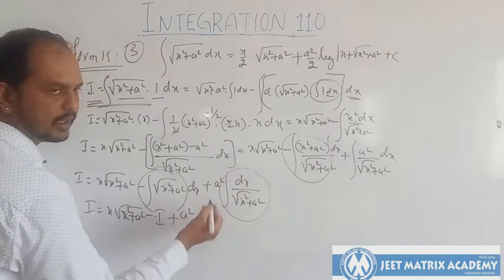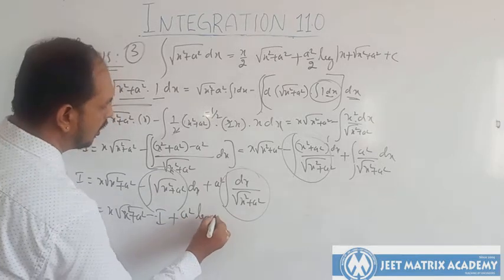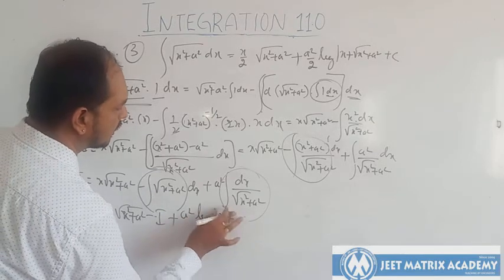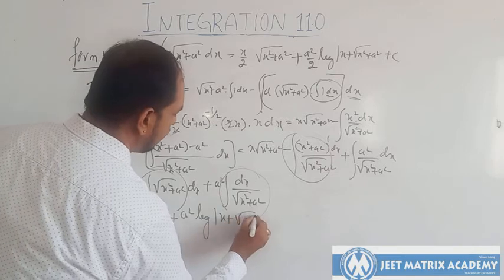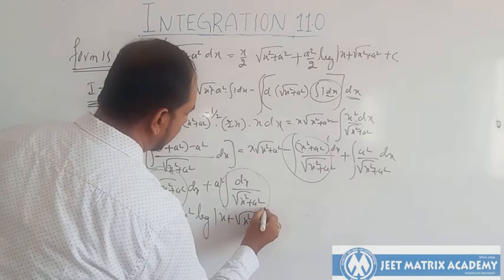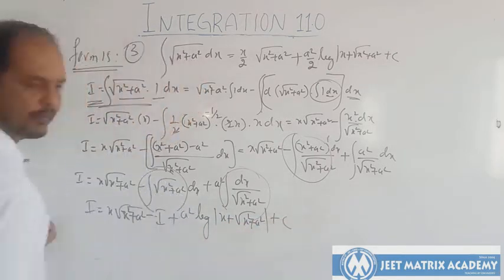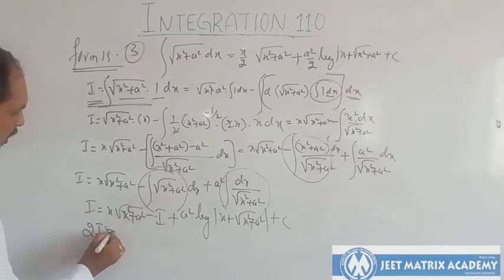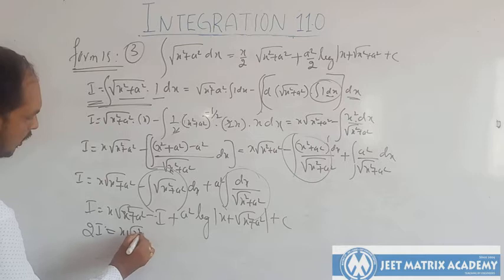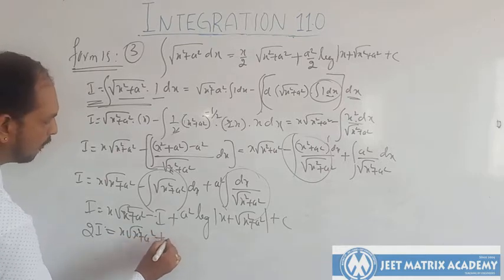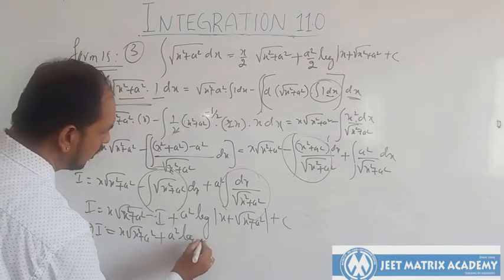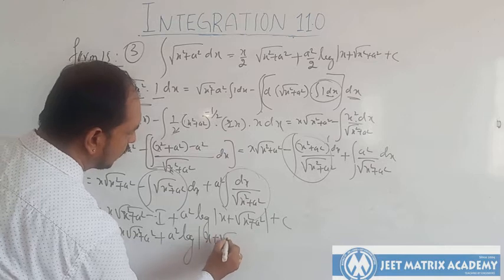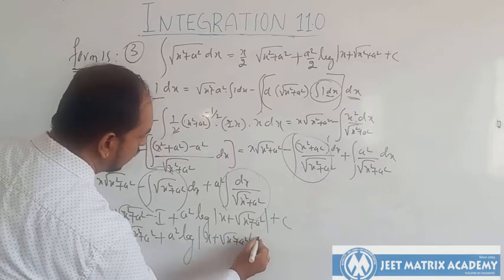So the integration of this first one is very famous, log of x plus root of x square plus a square, plus c. Now I'll take this to the other side: 2I equal to x root of x square plus a square into log x plus root of x square plus a square plus c.